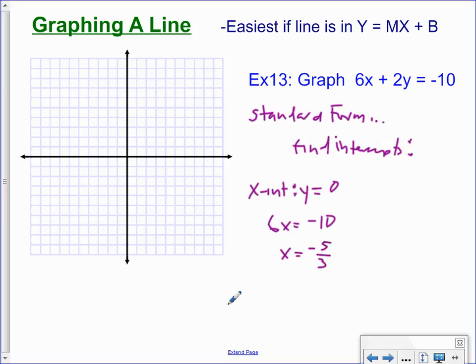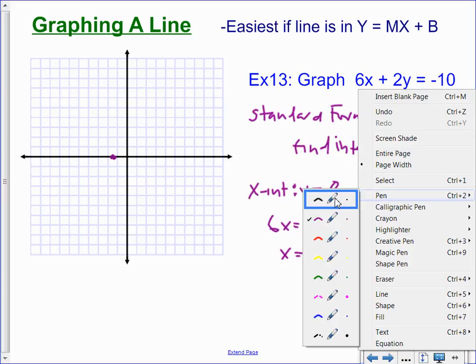Negative 5/3 is about what? About negative 1.6666666, right? So here's negative 1. There's negative 2. So 1.6 is going to be right here-ish.